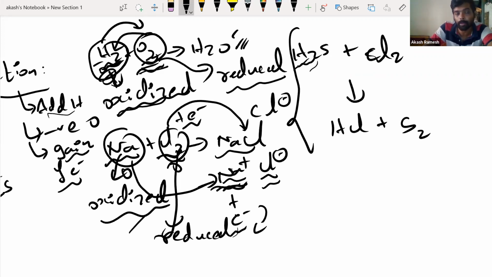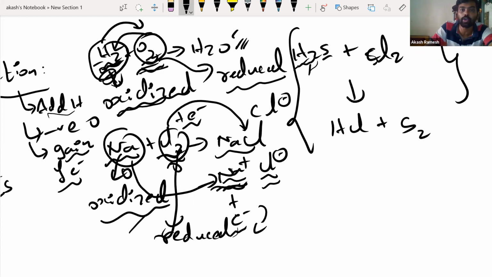Why? Because H2 and O2 are the only elements present in that reaction. But if you have any other reactant or product, in this case sulfur and chlorine other than hydrogen, then remember that you do not have to worry about oxygen and hydrogen.